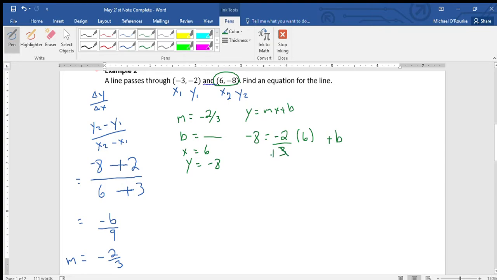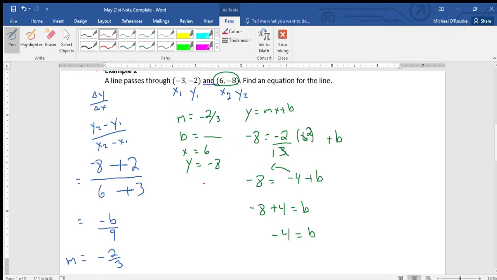So we're going to go 1 there and 2 there. So -8 equals -2 times 2, which is -4, plus b. And let's rearrange. -8 plus 4 equals b. -4 equals b. So we know what our b is now.